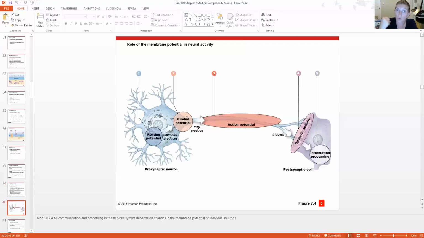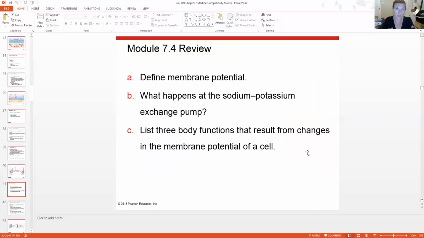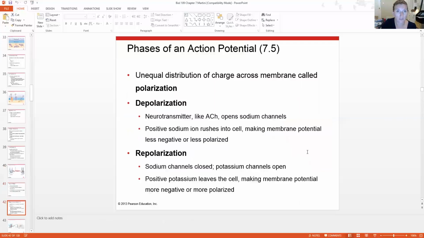Or it could be a really strong potential, where several stimuli are coming in saying, we need to respond to this now. So this graded potential kind of tips the scale, and it's like a domino effect, and the action potential propagates down the axon. Then at the synapse, those neurotransmitters are released, bind to the receptors on the postsynaptic cell, and then the postsynaptic cell can respond. So pause the video, go back and answer these questions.